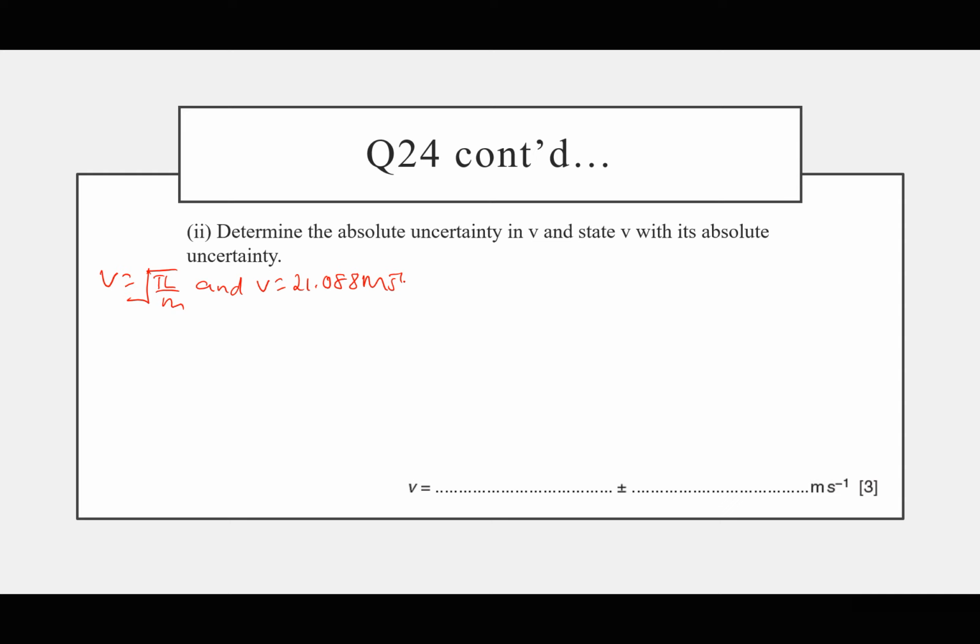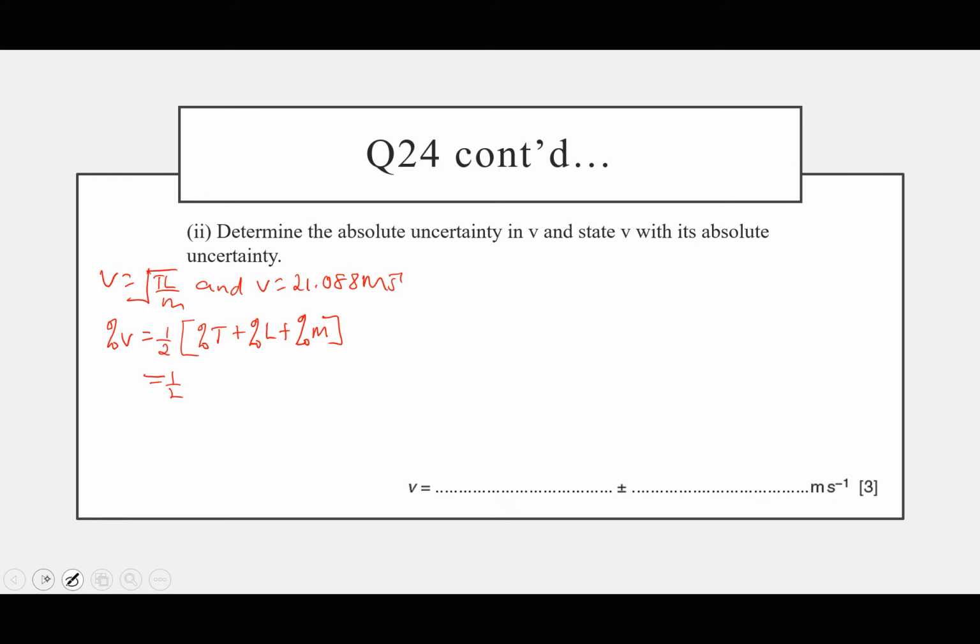Since they have given us percentages in these values, the percentage uncertainty in V will be equal to, because of the power, the root, which is power half, we multiply the power by the percentage or fraction uncertainties. So this will be a half into the percentage in T plus the percentage in L plus the percentage in M. All we need is to sum up the percentage uncertainties.